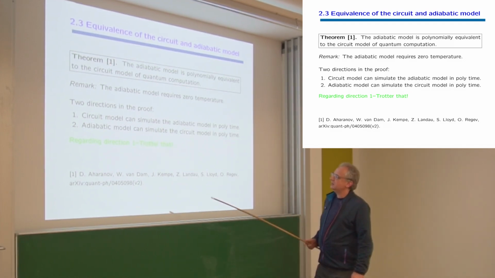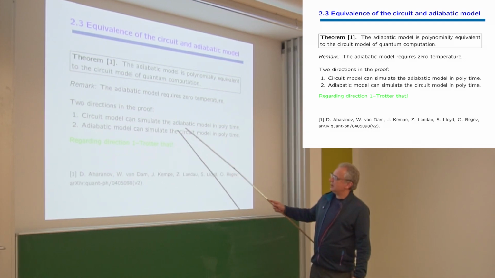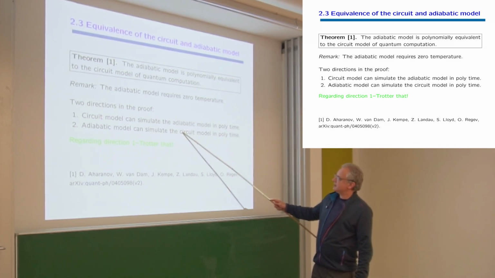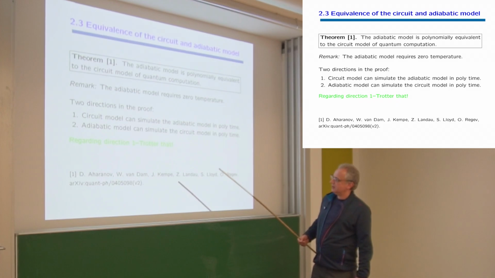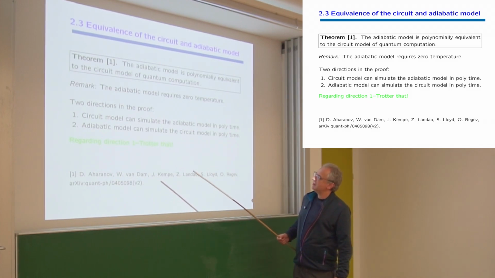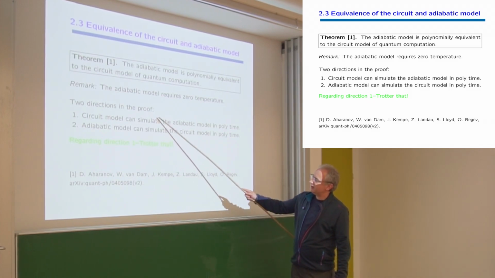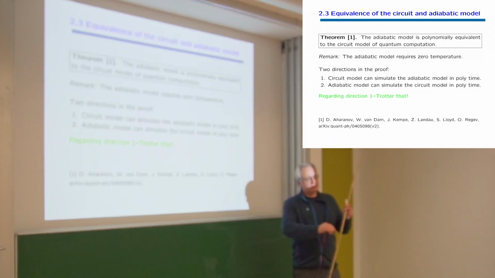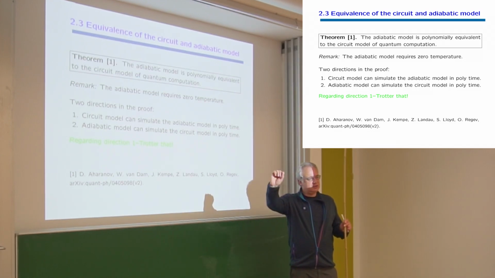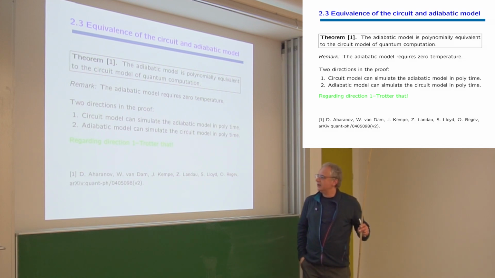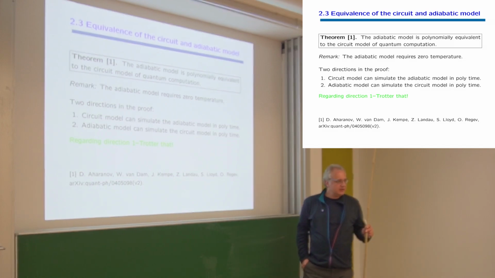So I will talk here only about the second step because that's the kind of ingenious argument. The first direction, remember what the adiabatic computation was. It was unitary evolution according to a Hamiltonian that varied in time.